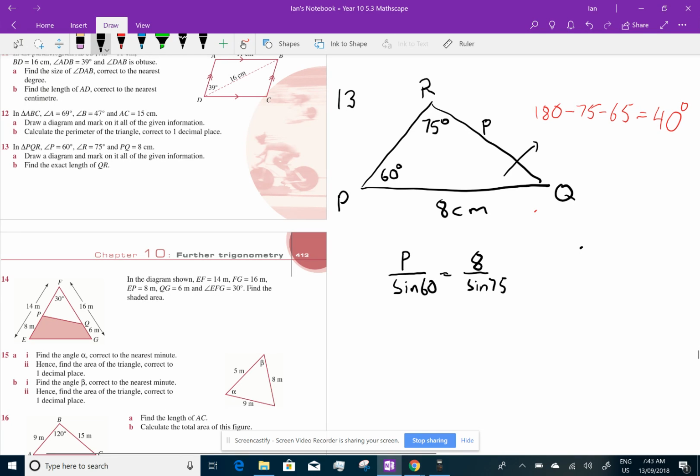Well, p equals 8 times sine 60 on sine 75.